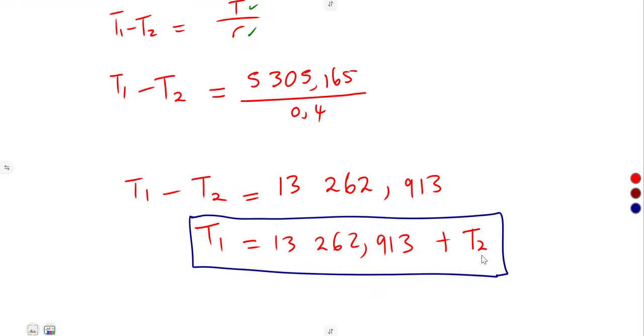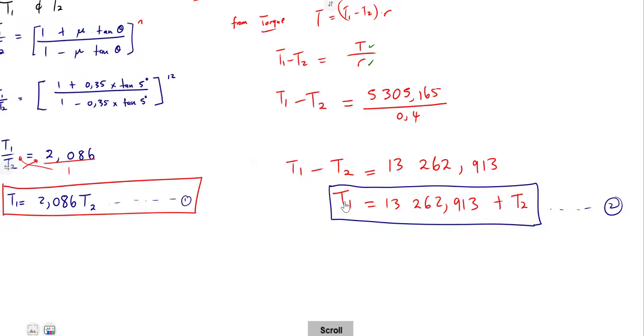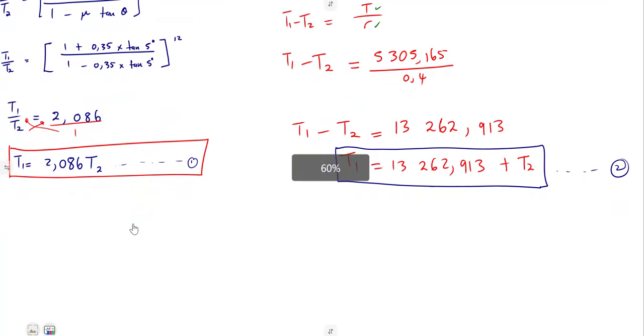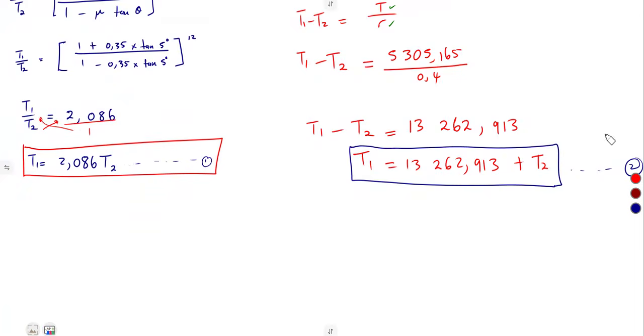So this is my equation at the end that I'm going to work with, T1 in terms of T2. But I have another equation that I created before, equation 1, where T1 was also written in terms of T2. So from your mathematics, guys, you see that it will be easier because these two T1s represent the same thing.